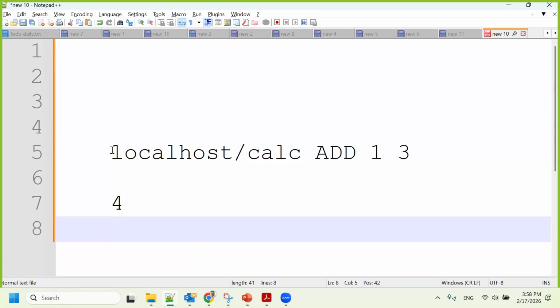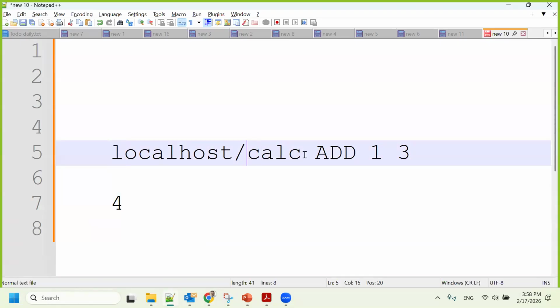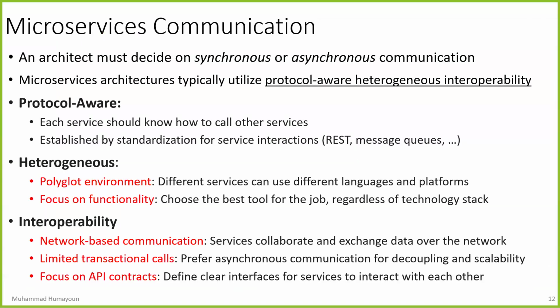So all we need to do is agree how this call will happen. This is what we are talking about here: focus on API contracts, how APIs will interact with each other.